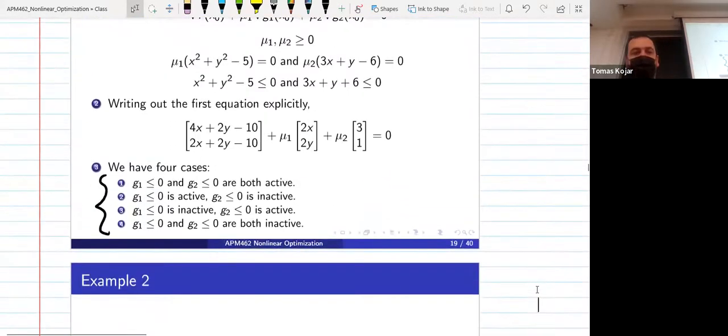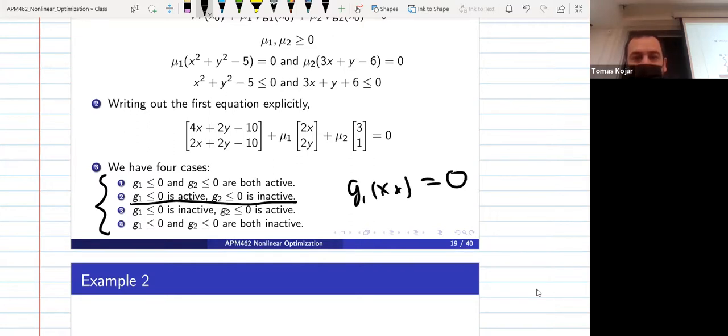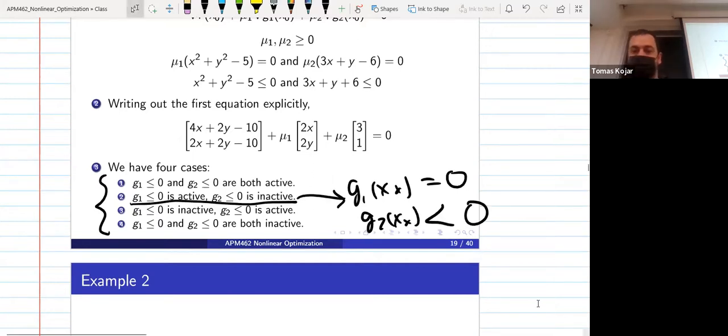We're going to find all the local minimizers that satisfy this condition, namely G1 of X star is 0 and G2 of X star is strictly less than 0, plus the first order condition.